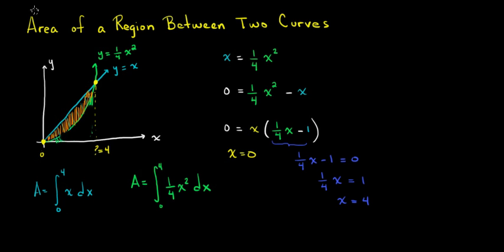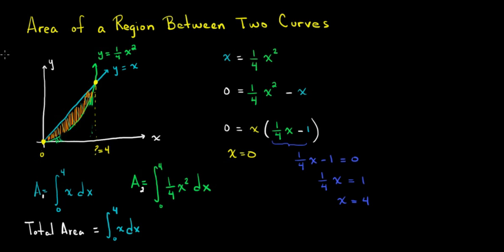So we're going to do that. The area between these two curves, maybe I should call this A1 and this A2, but I can just say the total area between these two curves is going to equal the area underneath the first curve, the integral from 0 to 4 of x dx.